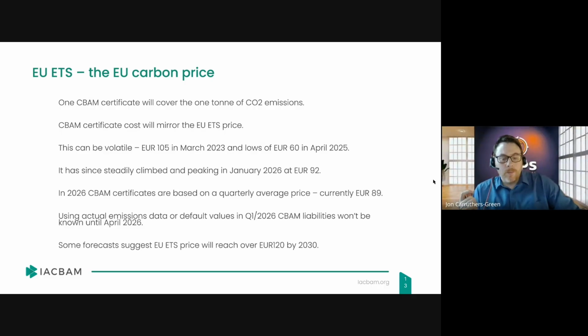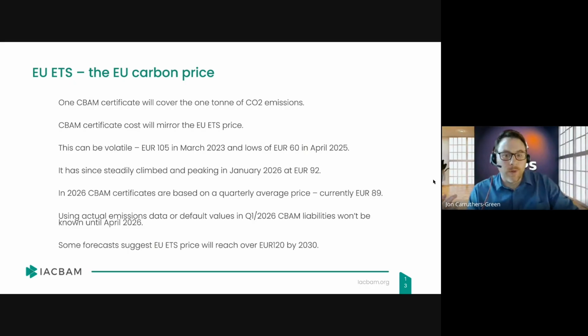So the way that it's actually going to be implemented in 2026 is going to be on a quarterly basis. Any steel products or any other CBAM products brought into Europe from January 1st to March 31st will be assessed at the quarterly average price for the first quarter.